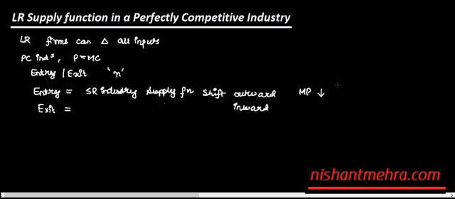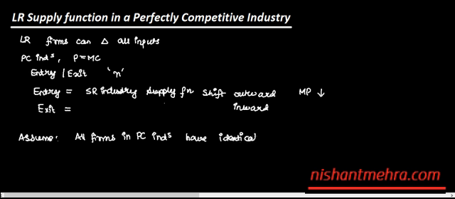Well, we are assuming certain things. One is what we are going to assume while deriving the long run supply function: that all firms in a perfectly competitive industry have identical cost curves, right?